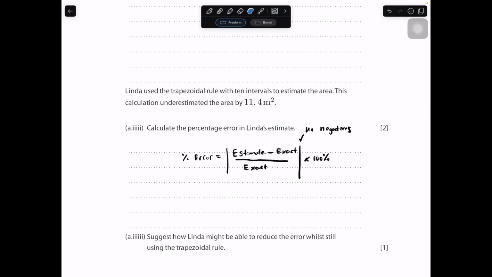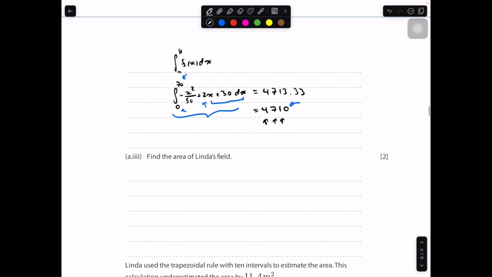So Linda underestimated by 11.4. So compared to the exact, estimate minus exact, she's 11.4 off. So what we can say is that this estimate minus exact is going to be 11.4.